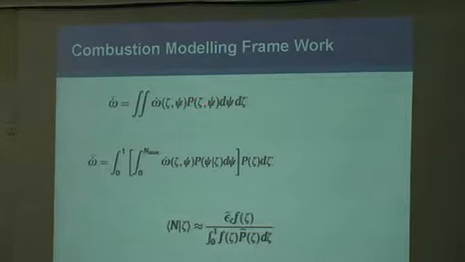We express the joint PDF using Bayes' theorem, as a conditional probability multiplied by the marginal PDF. We are not making any assumption in this step, just using statistical mathematics, which comes out in a very simple form like this. So basically, if we know this quantity, then we can calculate the mean reaction rate by knowing the mean C and its variance, because we presume a shape for that PDF.